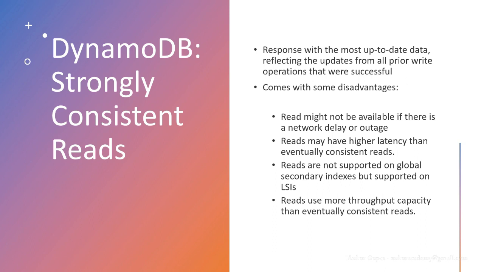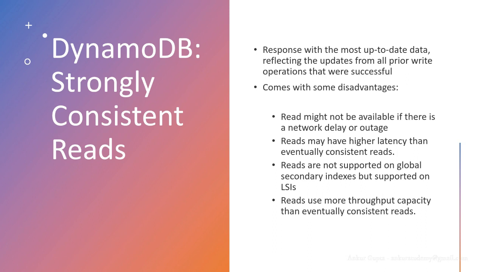Now, of course, there are some pros and cons of opting for one of these consistency models. When you're using the eventual consistency model, DynamoDB always returns data with the lowest latency possible, but of course you may get stale data.